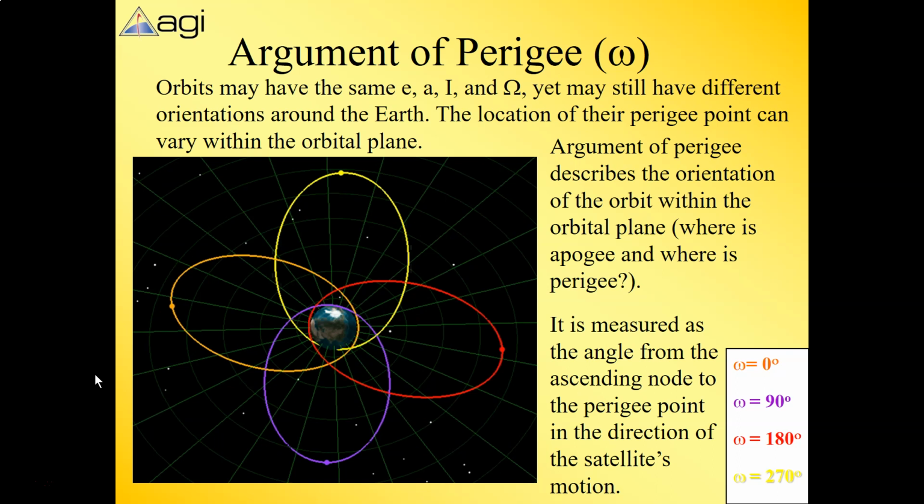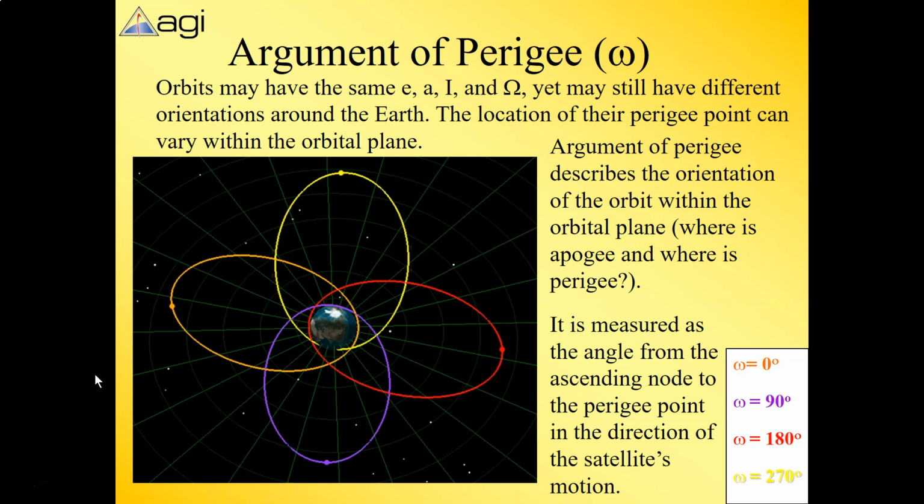It's measured again as an angle from the ascending node to the perigee point in the direction of the satellite's motion. So remember, the ascending node is how it's coming up from that southern hemisphere, and we're going to compare where that is to where the perigee of our orbit is.